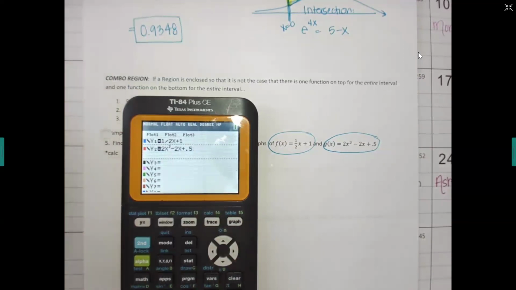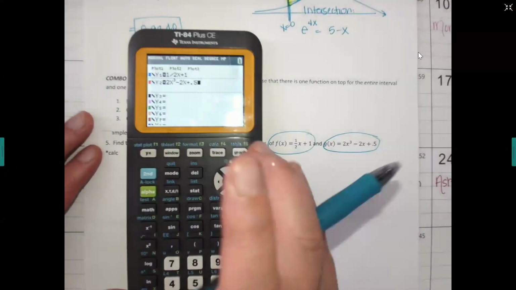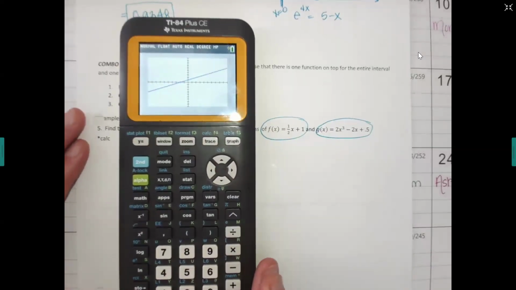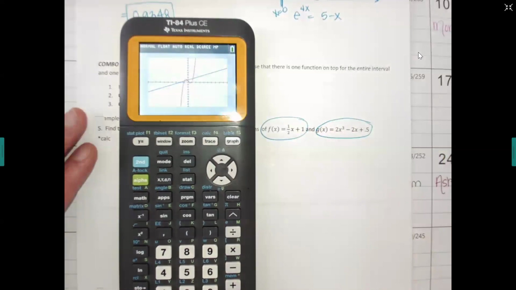Okay, then once you hit graph, I want you to think about how many regions are between the function. So there's my straight line, 1/2 x plus 1. Okay, there's your cubic coming through. How many little pockets of area get trapped? Is there just one? There's 2. You have this little piece right here, and then another piece right here.